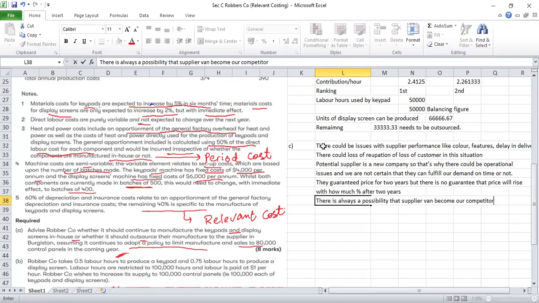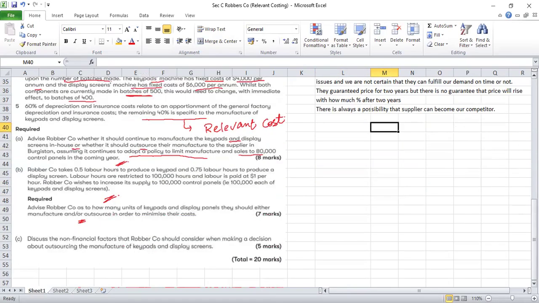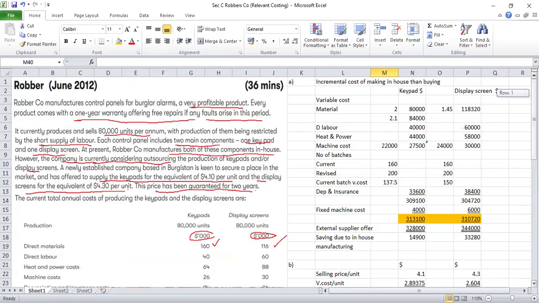So these are the factors which need to be considered when you are going for outsourcing. Any question? If you have no question, then we are done with today's session.